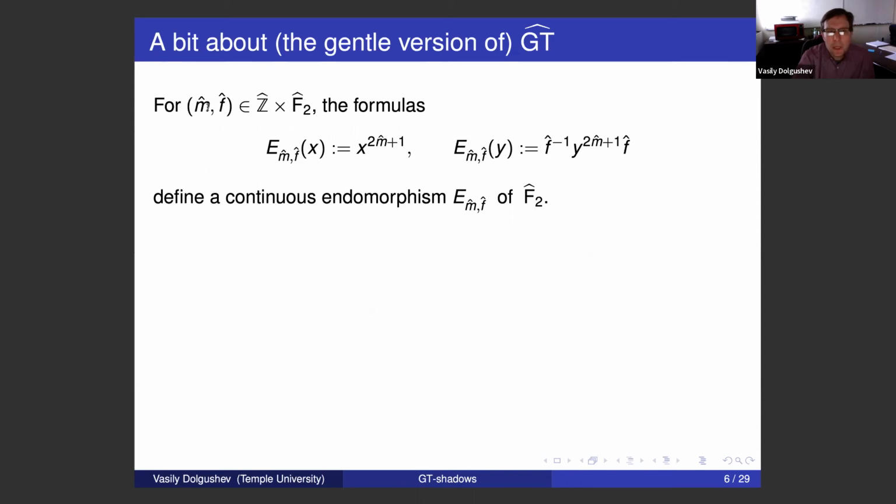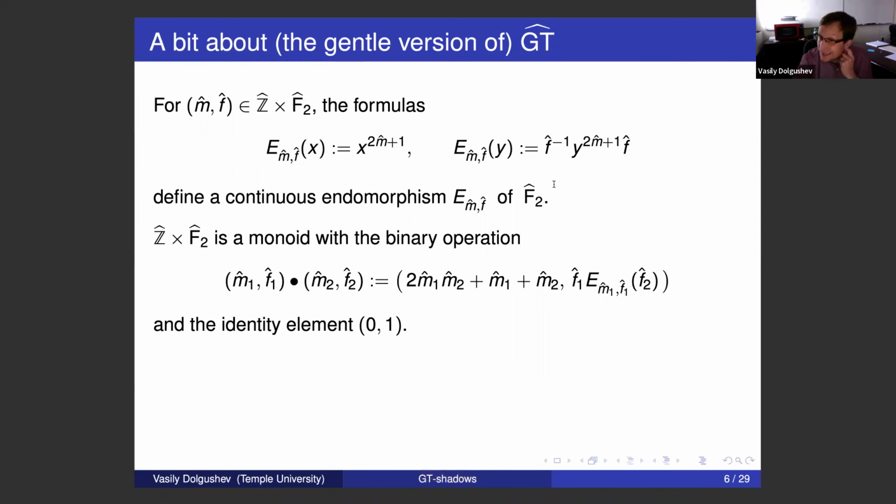So let's say that we have this pair M hat, F hat, and then these formulas define a continuous endomorphism of F2 hat. Then we can use this formula to define a structure of a monoid on this set. So Z hat cross F2 hat is a monoid with respect to this binary operation, and 0, 1 is the identity element of this monoid.